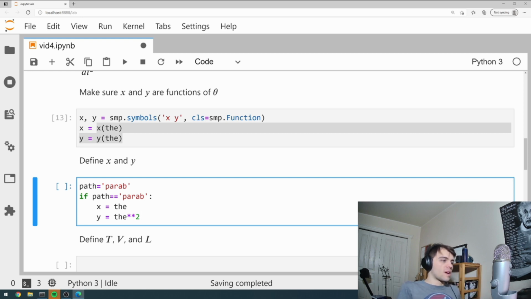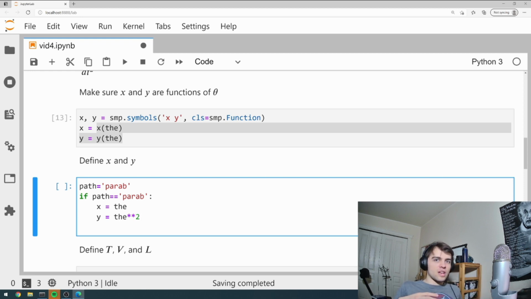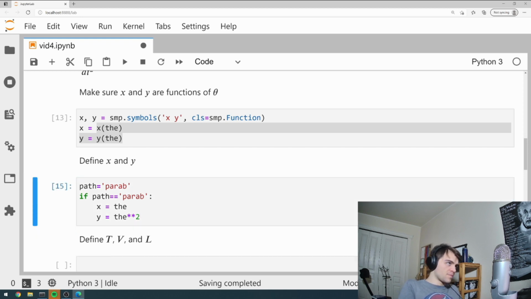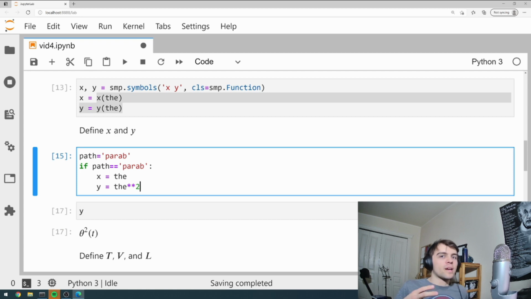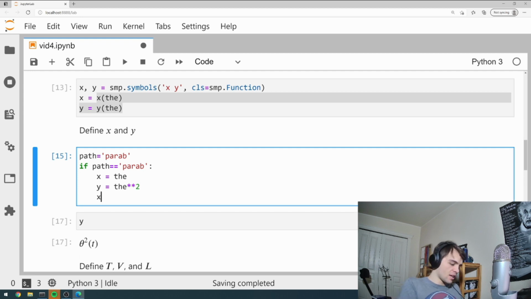And now we're going to create these like functions in NumPy. So I'm going to show you what they do. Well, first of all, if I print x, then I get theta of t, and y is theta squared, as I've defined. Now I want to create NumPy functions that take in theta, and they return x. And I can do this as follows. I call this, it's hard to spell, lambdify, and I'm going to take theta and x.